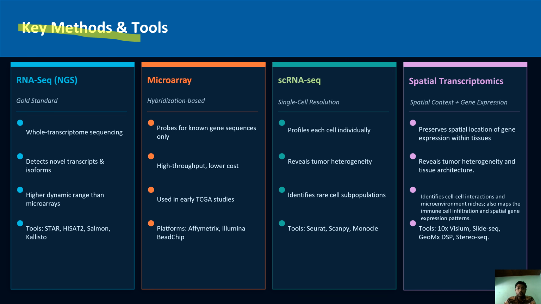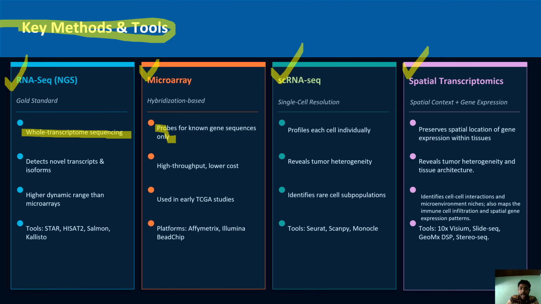in case of key methods and tools, there are 4 types of data: RNA sequencing, microarray, scRNA sequencing, and spatial transcriptomics. Actually, RNA sequencing is whole transcriptome sequencing, microarray uses probes for known gene sequences, and scRNA profiles each cell individually, in cancer and adjacent normal tissue.